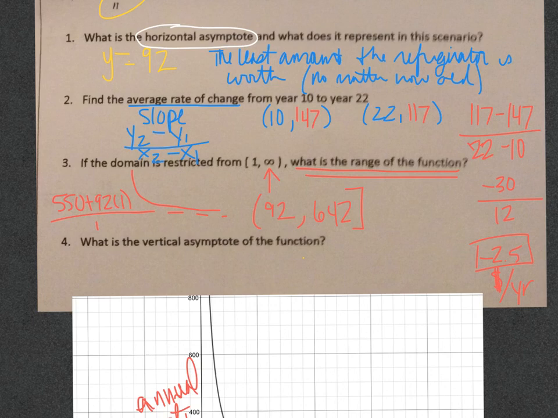The vertical asymptote of this function is 0 because there's an x in the denominator, and if you plug a 0 in, that will give you a vertical asymptote. So that means that this function doesn't work at 0, like for 0 refrigerators, or for 0 years, it does not make sense.